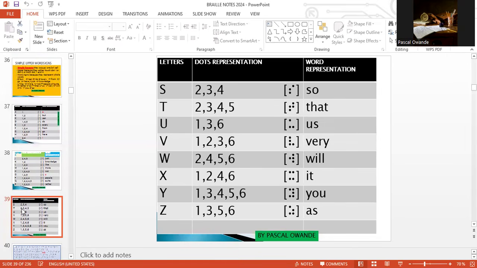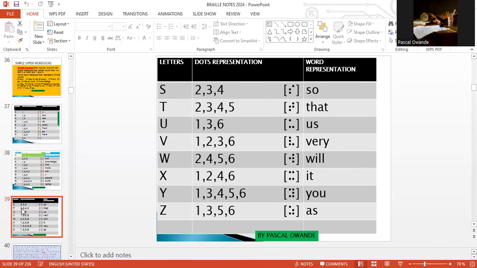Then we have letter T, which is dot 2, dot 3, and 4, 5. That is for letter T. The word representation is that. Then we have letter U, which is dot 1, dot 3, and dot 6.